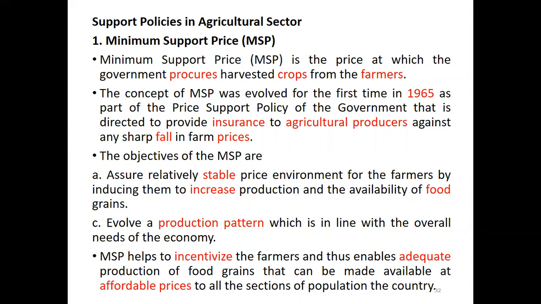If any buyer wants to purchase the product from the farmers, the minimum price that he has to pay is decided by the government. So the buyer knows and the farmer also knows that if I produce this, I can get at least this much price. Getting this? This is nothing but minimum support prices. Just read this slide, then we will discuss it.